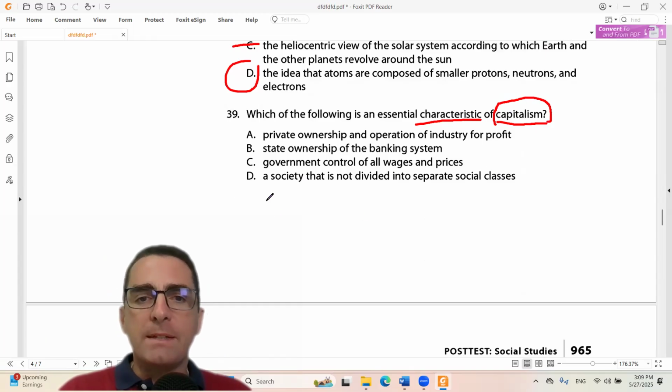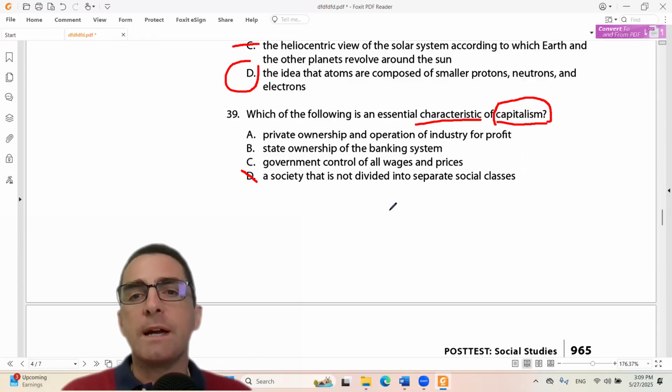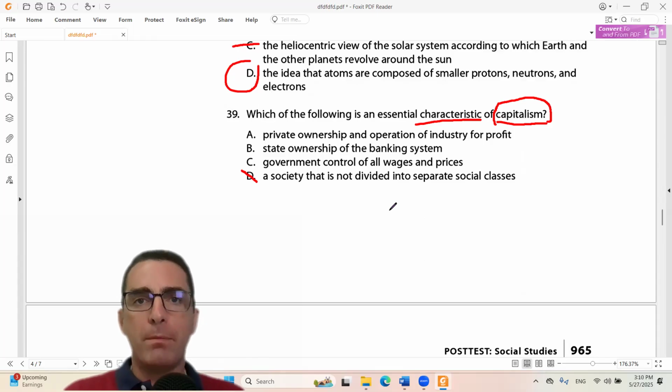So, what is capitalism? A society that is not divided into separate social classes. No, that's more the aim of a socialist society where you have more equality between people, eventually leading on to a communist society where you have complete ownership of the means of production in the hands of the government and no private property at all.